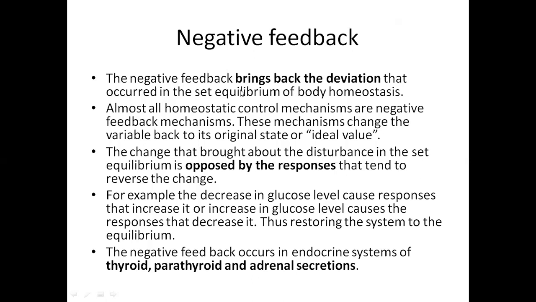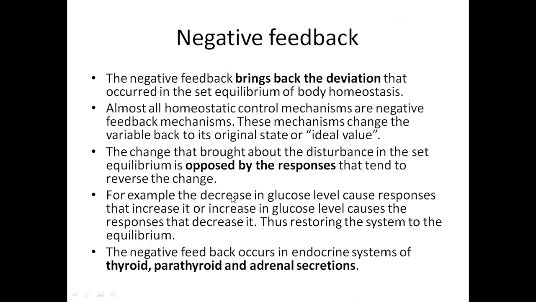That is how the negative feedback system functions. Most homeostatic functions through the feedback mechanism perform negative feedback. So the negative feedback mainly opposes the changes occurring due to a particular stimulus.